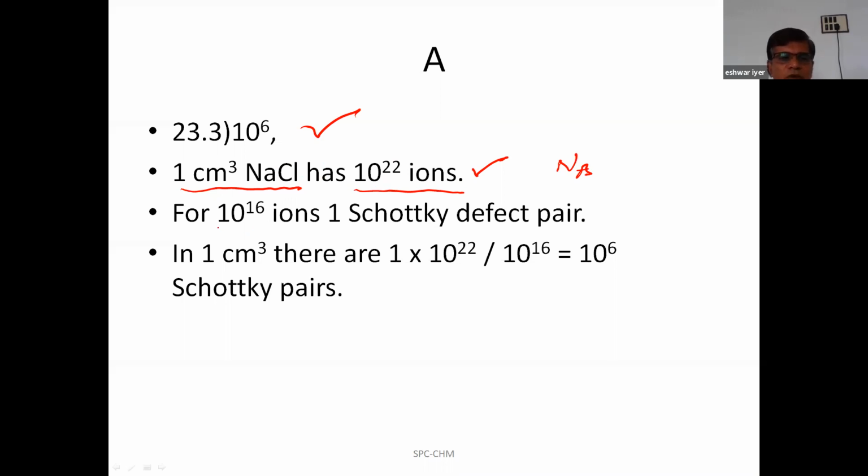Then they found that if there are a total of 10 to 16 ions together, Na plus and Cl minus, one pair is missing. One Schottky defect pair for 10 to 16 ions. Then you convert this to 1 cc: if 10 to 16 ions have 1 Schottky defect pair, then 10 to 22 ions have 10 to 6, because 10 to 22 ions will be in 1 cc. So the answer will come to 10 to 6.